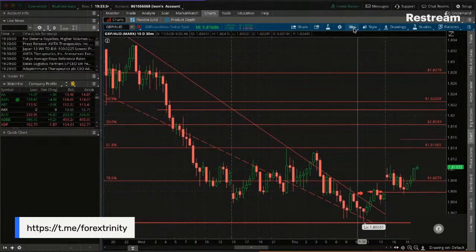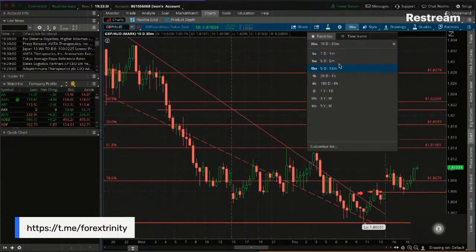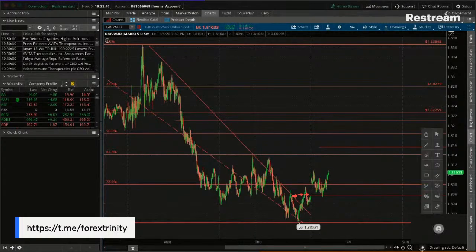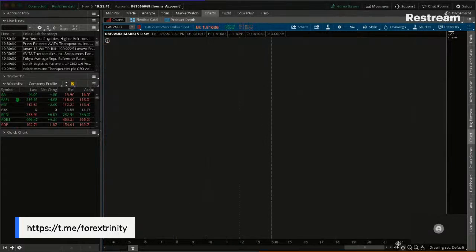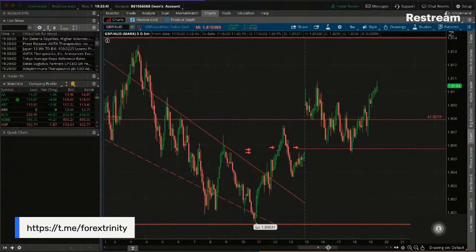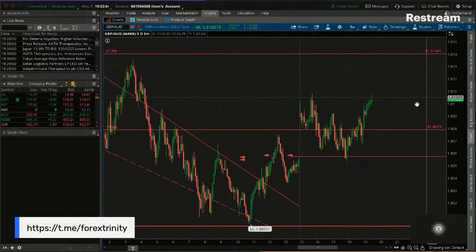I like looking at the 5 minute on this one because it goes crazy. Let's look at the 5 minute. 5 minute always looks so crazy. Look at this. It's just wiki candles everywhere.